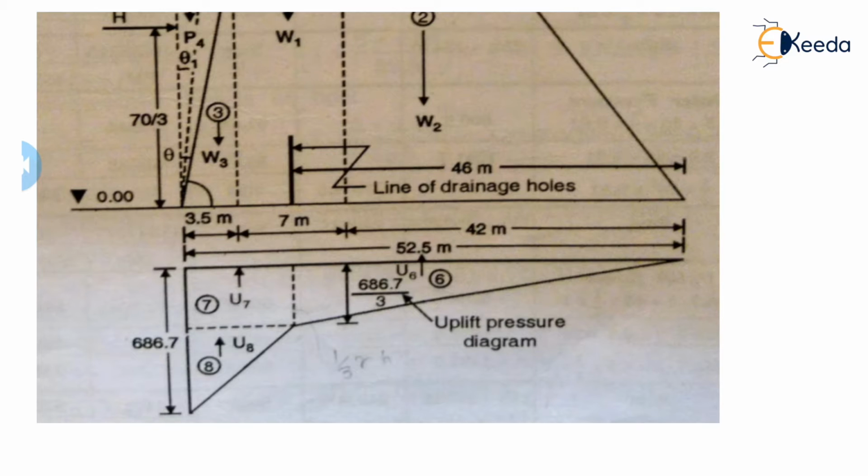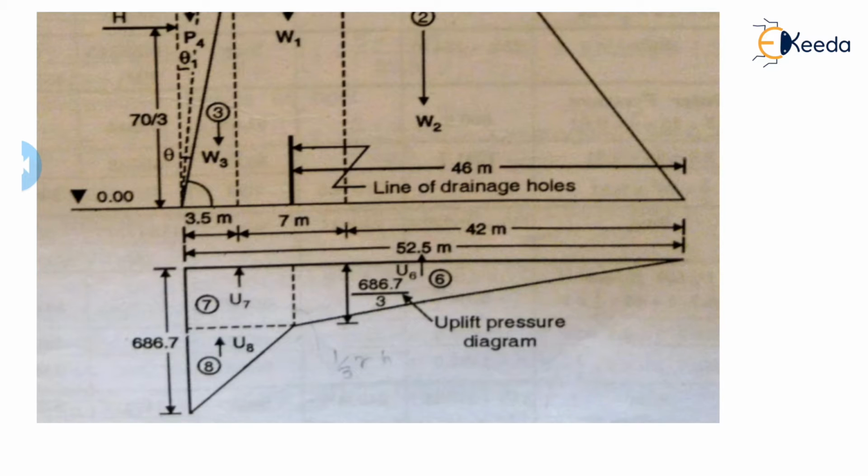Whenever a drainage gallery is provided, the uplift pressure diagram is affected. You can see the uplift pressure diagram at the section of the gallery line will be tilted, and the value is one third of the uplift intensity at the heel section.